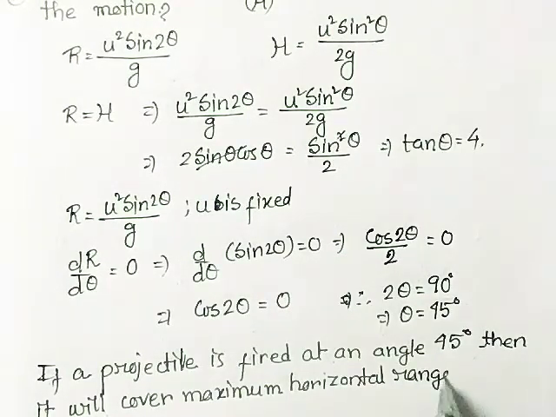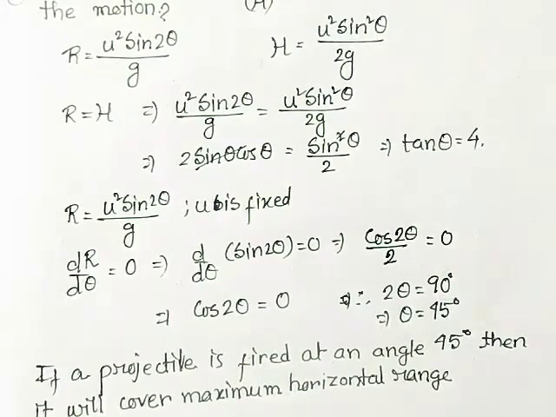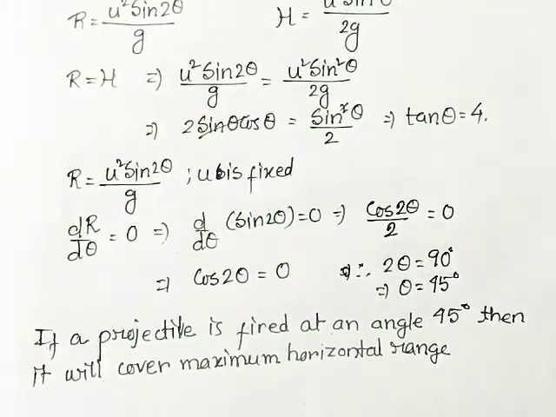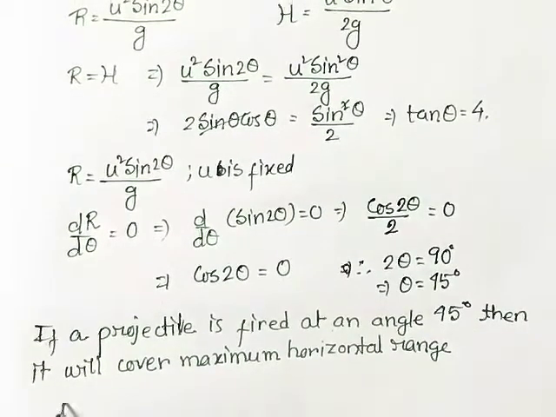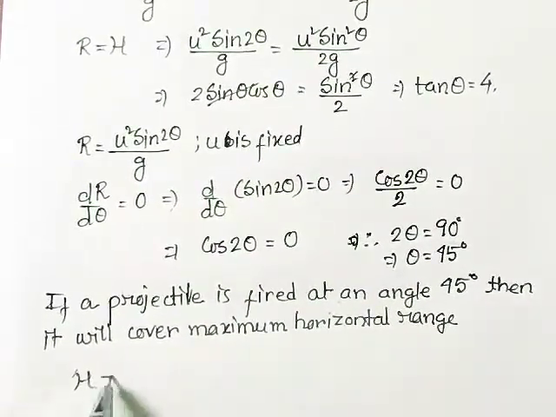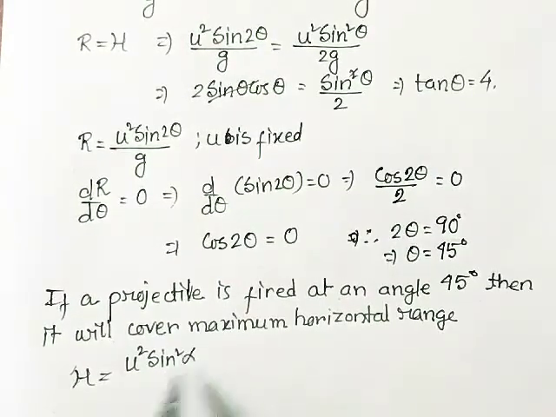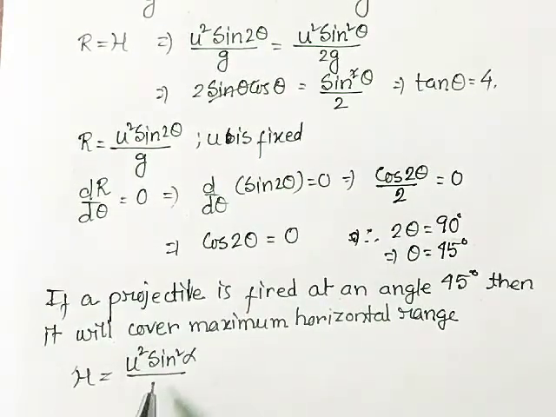What will be the value of the height if it is thrown at an angle of 45 degrees to make the range maximum? So H equal to u square sine square alpha divided by 2g.